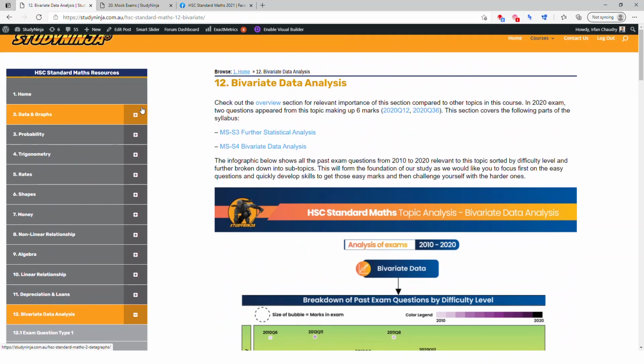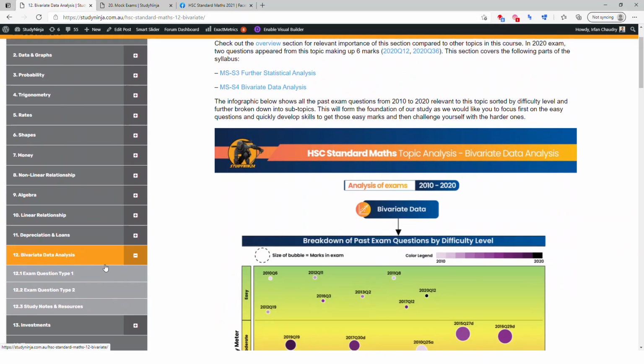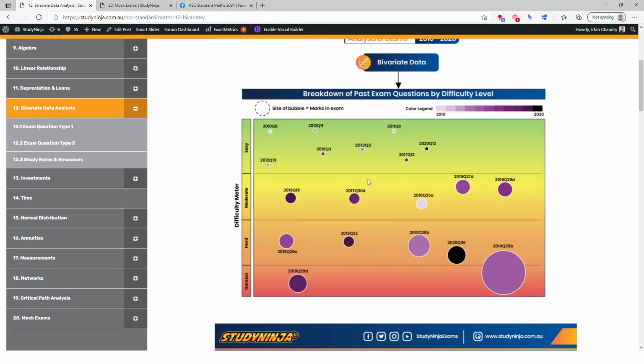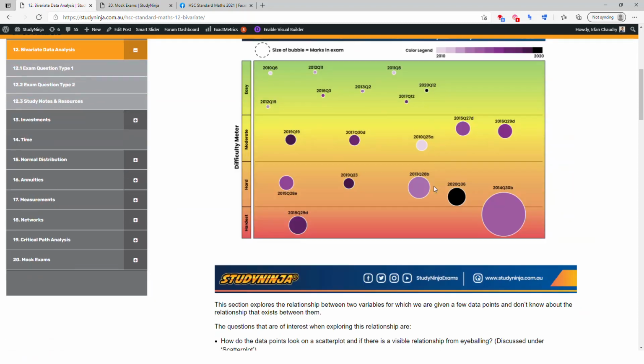So basically if you go to Study Ninja and go to bivariate data analysis, and under this section you will see this graphic where we have categorized different questions into their difficulty levels, and you can access them using the two hyperlinks to different question types.